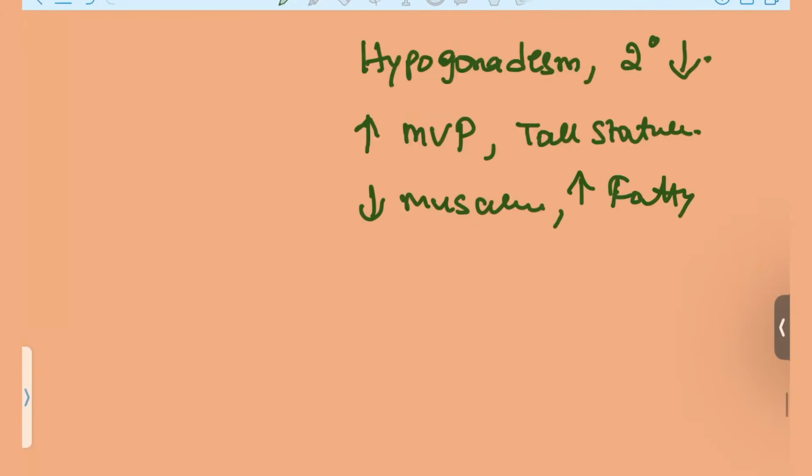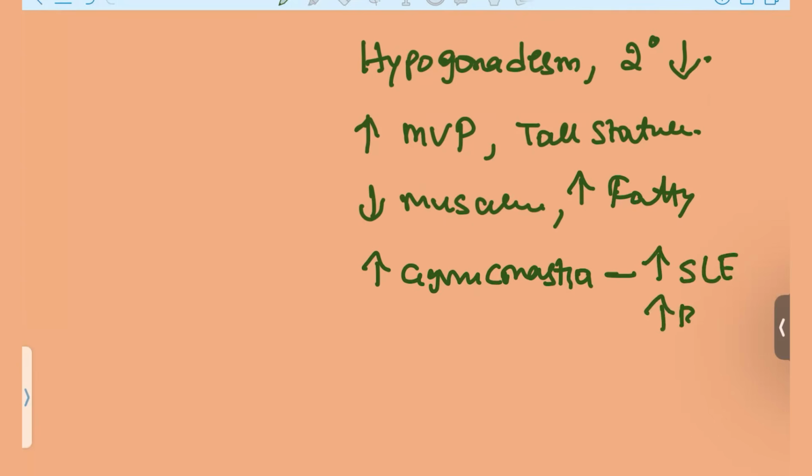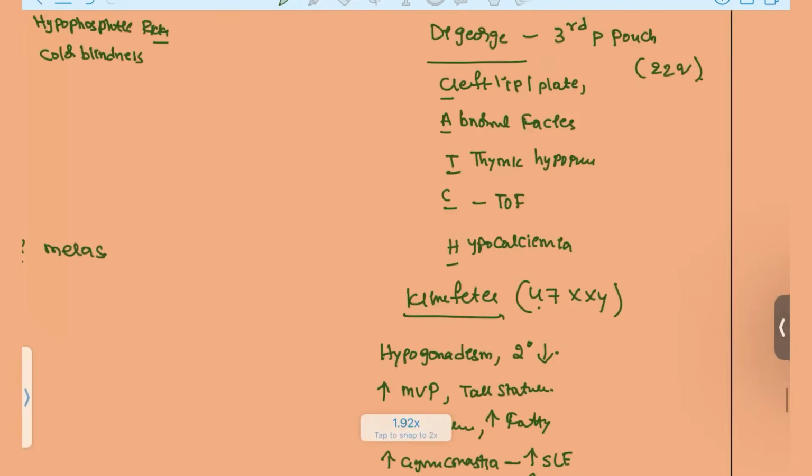Decreased hair and beard, and also gynecomastia, all this will be seen in this patient. With gynecomastia, there is a high risk for this patient with SLE, and also a high risk of breast cancer, right? This is seen in Klinefelter syndrome.